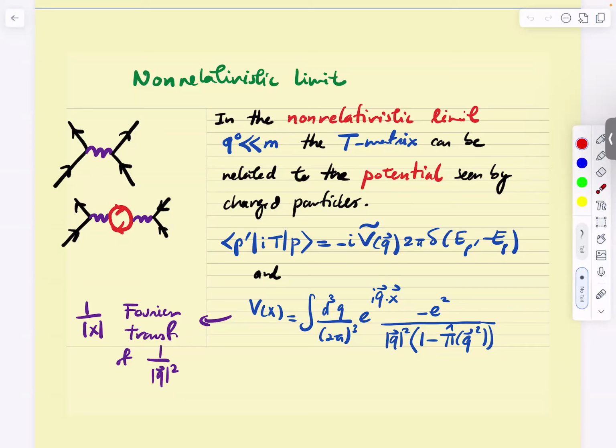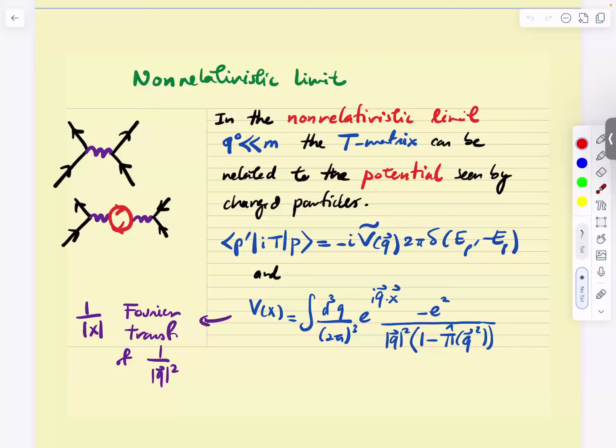What we can do next: we just talked about what happens when q squared is large enough that you could pair produce. What about the opposite limit, when q squared is very small? What are the lowest order corrections at low energies? Energy is small compared to the mass, so you are in the non-relativistic regime.